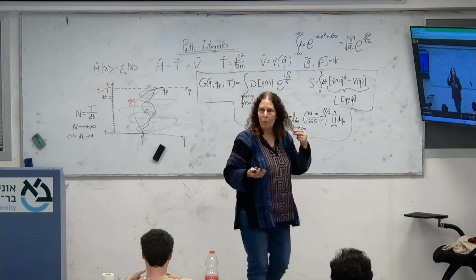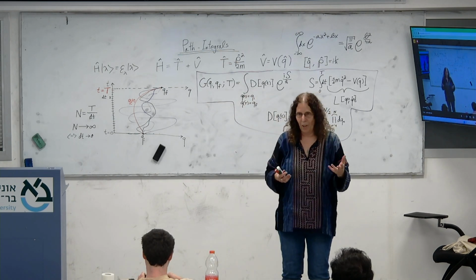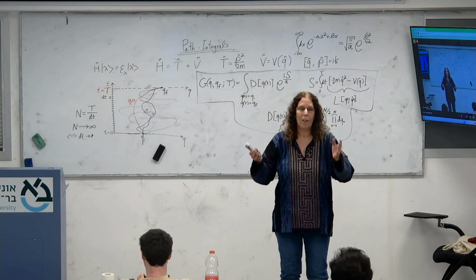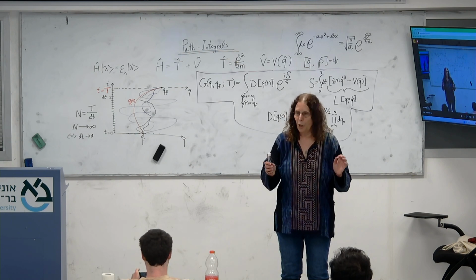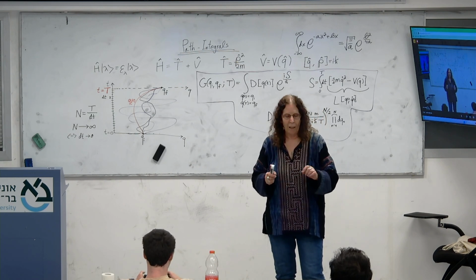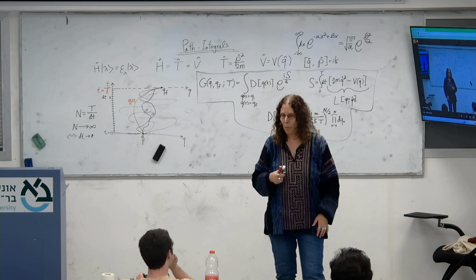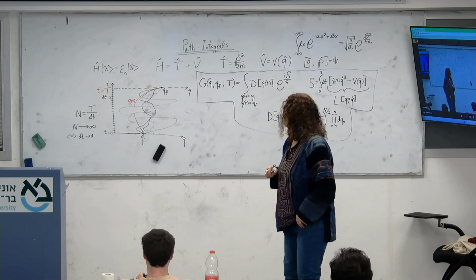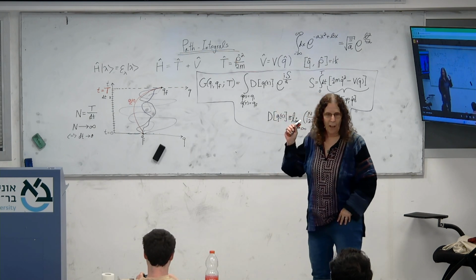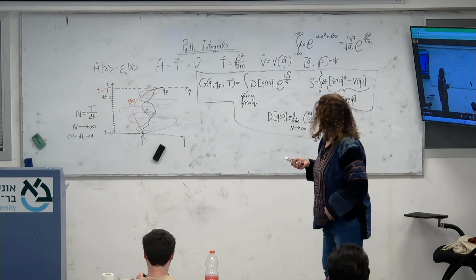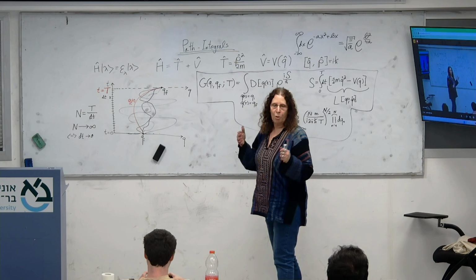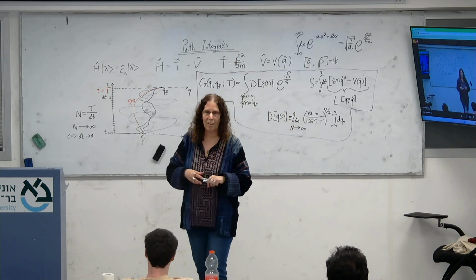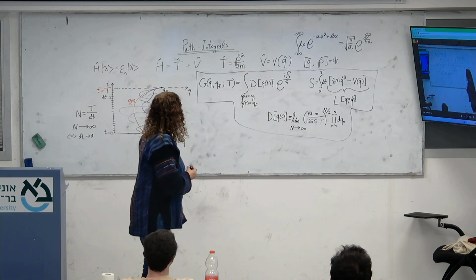All of that you can do with a path integral. Otherwise, I must confess, it's not very useful as a tool to solve single particle quantum mechanics. You'll see next week, Sal will show it in the tutorial. You will solve the problem of a free particle. For a free particle it's easy to solve because there's no potential.